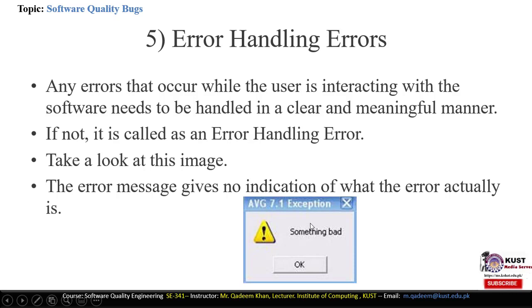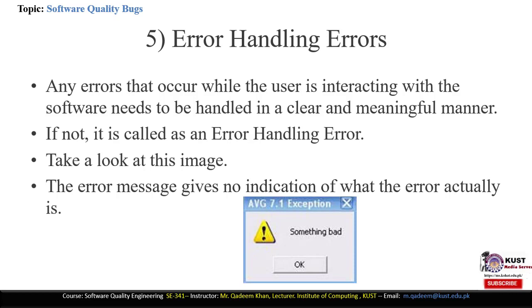So there should be an exact message here that will help the end users find out what the problem is on the software side or what mistake the user has made. That should be very meaningful.